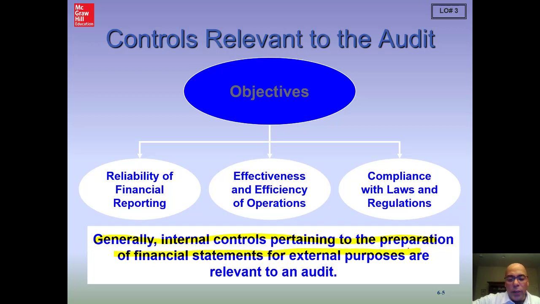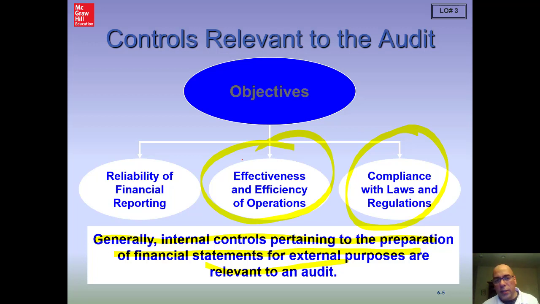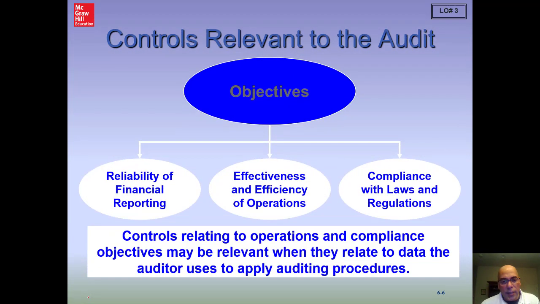That doesn't mean that we ignore the controls related to the other objectives, the compliance with laws and regulations, effectiveness and efficiency of operations, but those are secondary to our primary consideration of the internal controls related to financial reporting, and as we mentioned, safeguarding of assets.